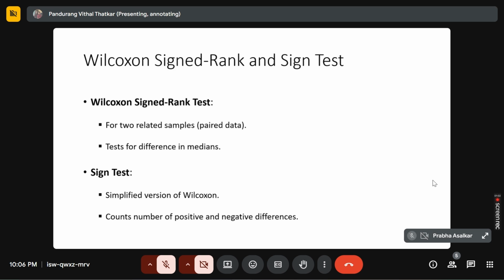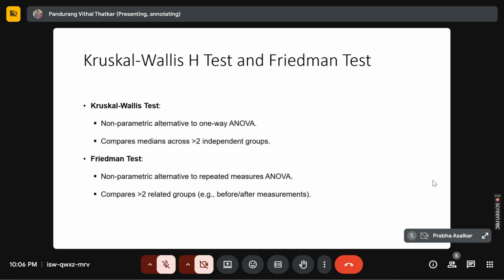Whereas the Friedman test, also called Friedman ANOVA, is equivalent to repeated measures ANOVA. Repeated measures means the same group we are measuring repeatedly, more than two times. So if it is repeated measurements of the same groups, we can go for the Friedman test. And if data is parametric, we can go for repeated measures ANOVA.